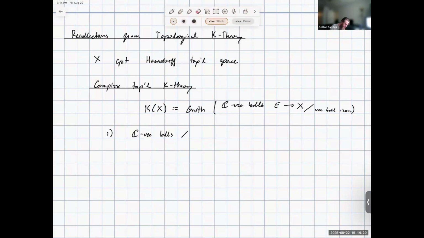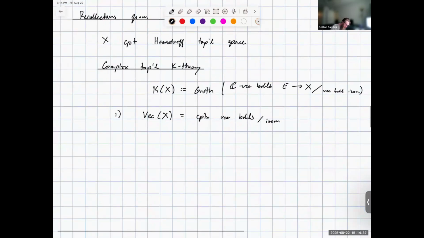Let me write some notation. Let's call Vec(X) these complex vector bundles modulo isomorphism. I said that this was a monoid, so I need to specify what the binary operation is, and this is the Whitney sum.